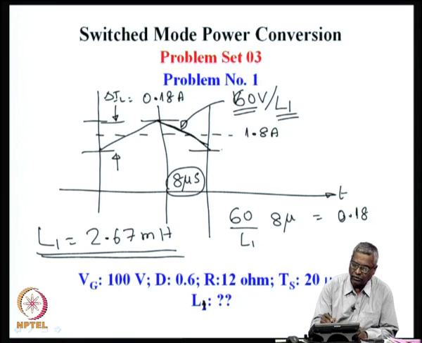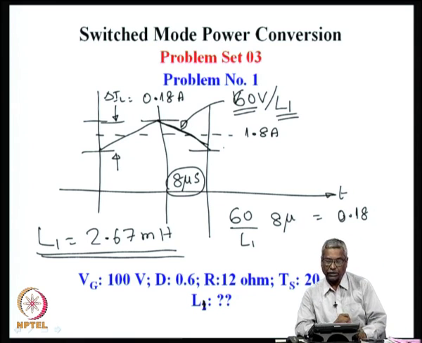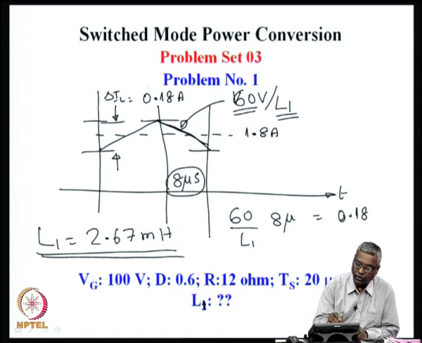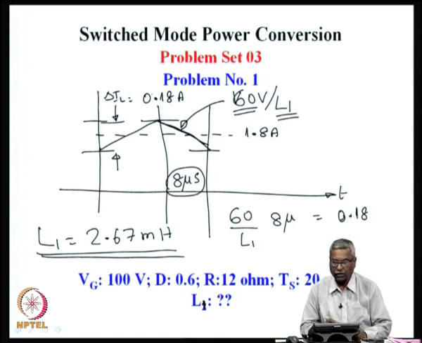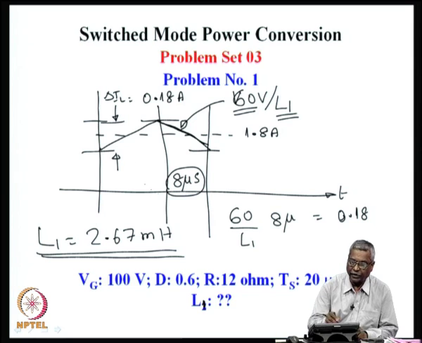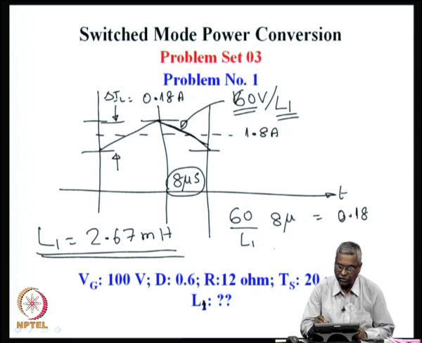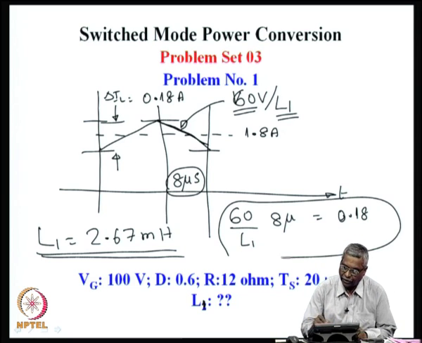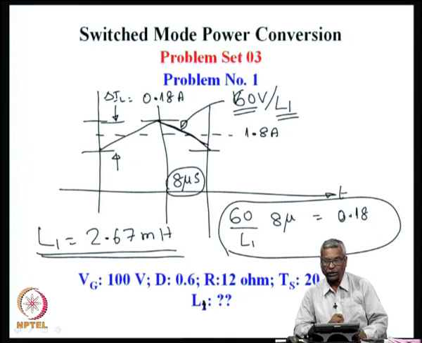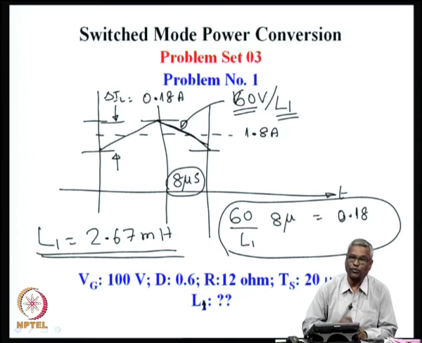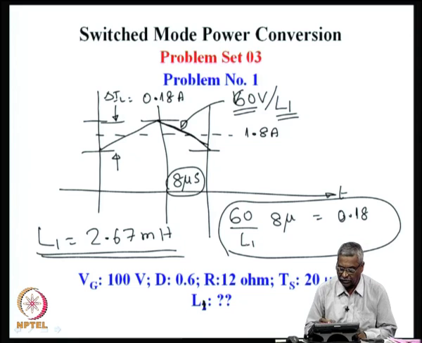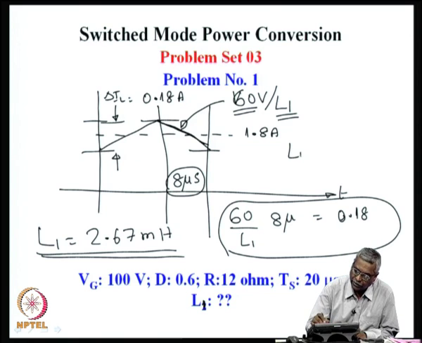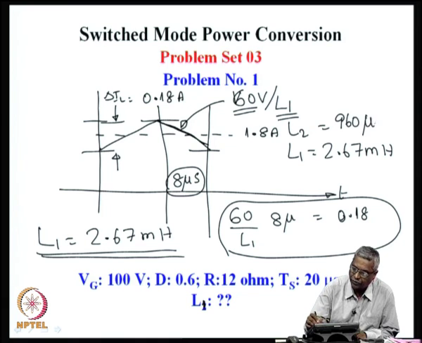So, the total current ripple is taken to be 10% of the average current, and by finding out the relationship between these two, V by L into T is equal to delta I, we are able to find out what is L1. In this particular example, we find that L1 is 2.67 millihenry and L2 second inductance is 960 microhenry.